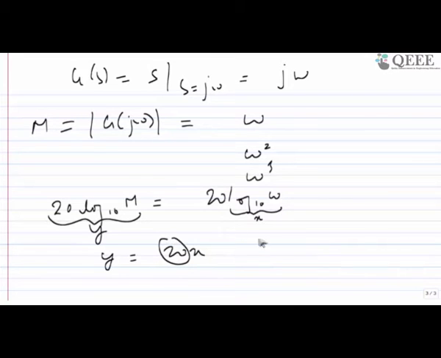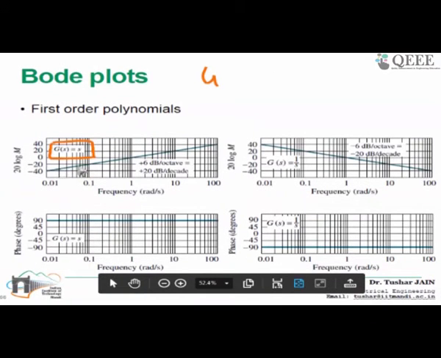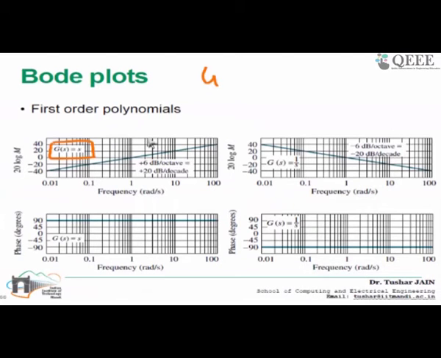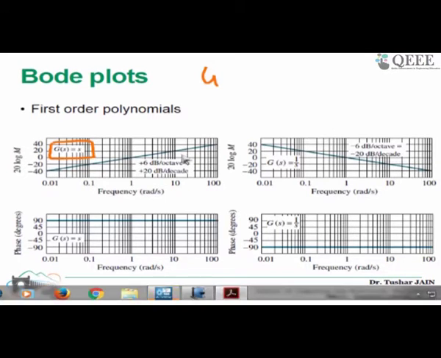If you see the equation of a straight line, y is equal to mx plus c, this 20 is basically the slope. What it means here is that we have a slope of 20 dB starting from 0.01 frequency. So whenever we have a function which has a 0 at the origin, it is going to contribute a slope of 20 dB per decade in the overall Bode plot.